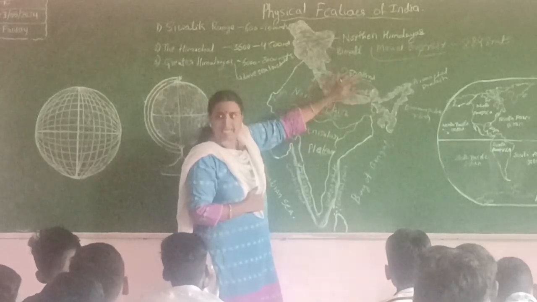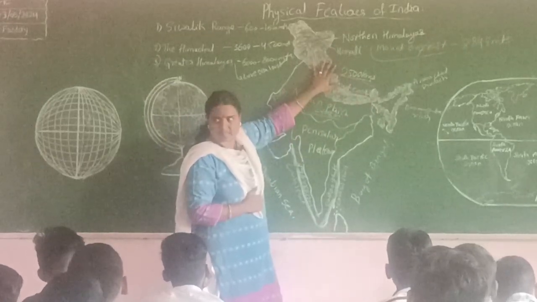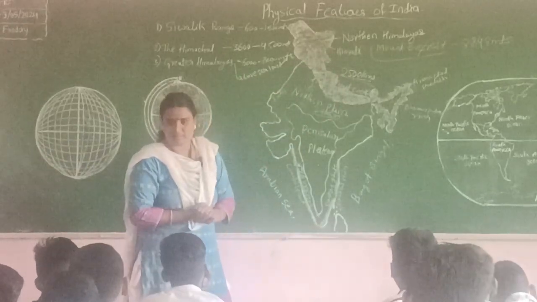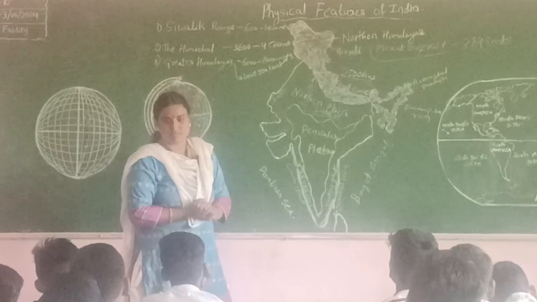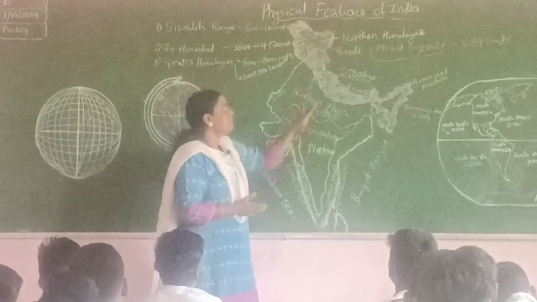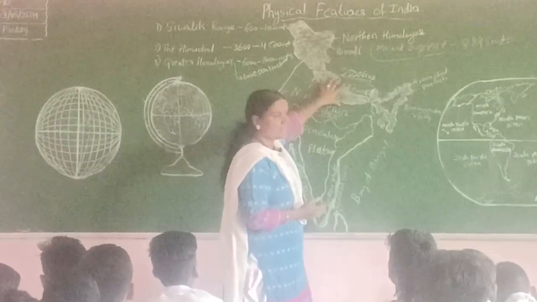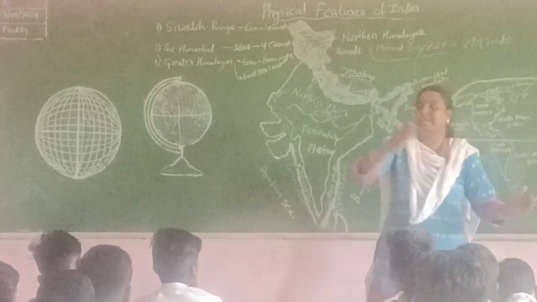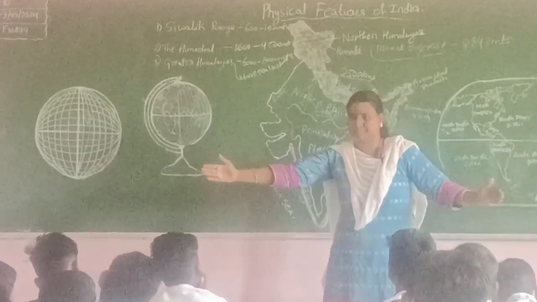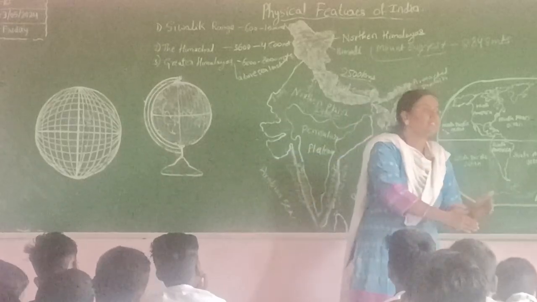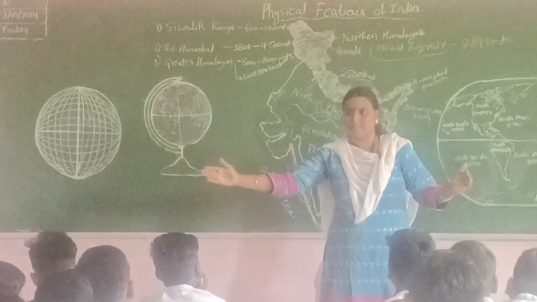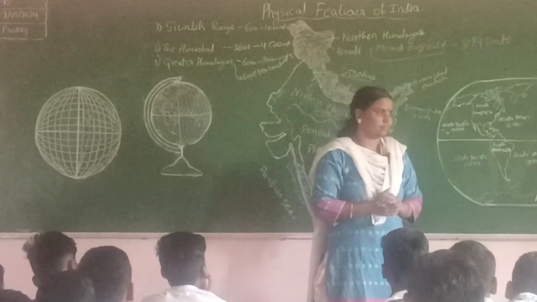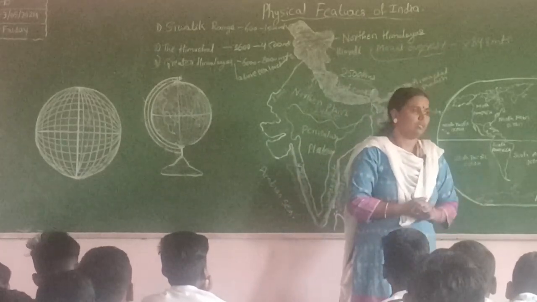We can see some tourist places, valleys, and dunes here. Its width is about 60 to 80 kilometers. There we can see some valleys and dunes, for example, Dehradun.